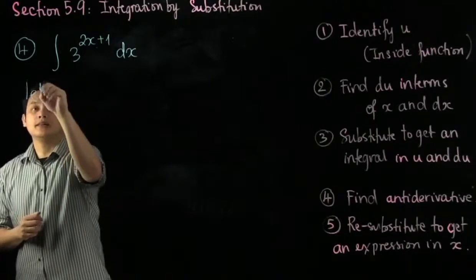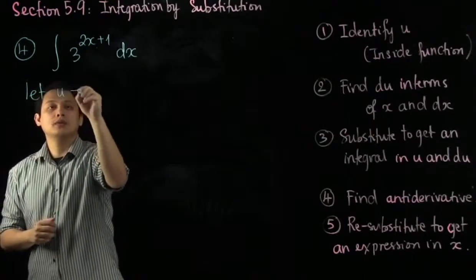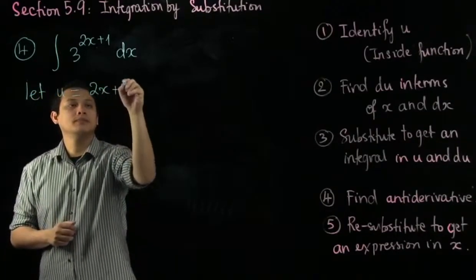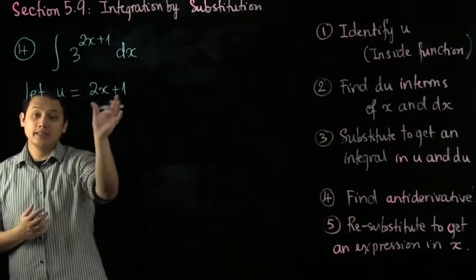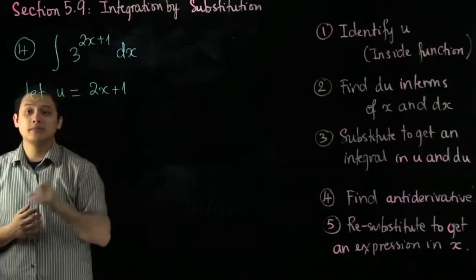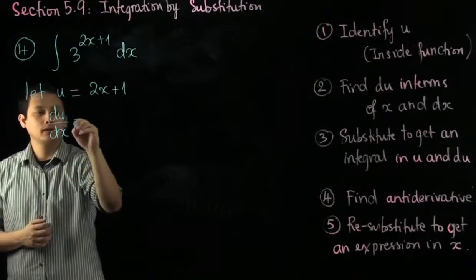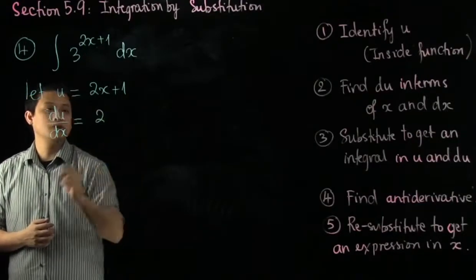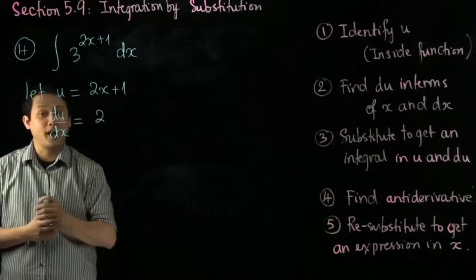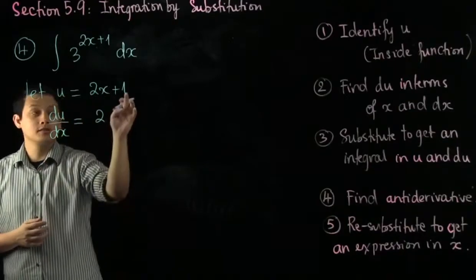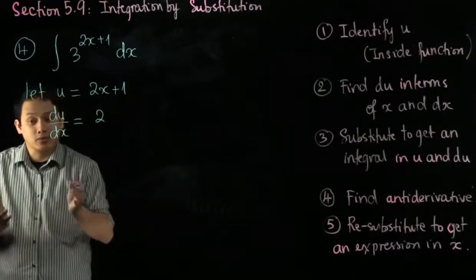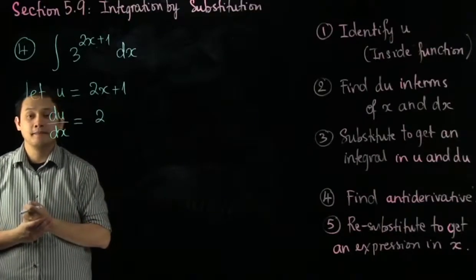So let u equal to 2x plus 1. And if I take the derivative on both sides of this equation, I have du dx equal to 2, because the derivative of 2x is just 2, and the derivative of 1 is 0, because 1 is a constant.